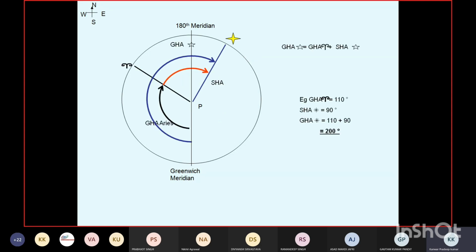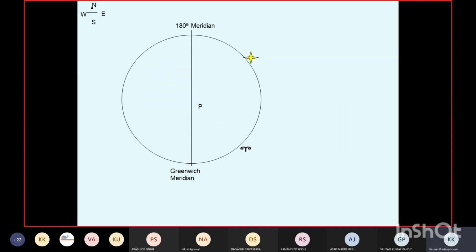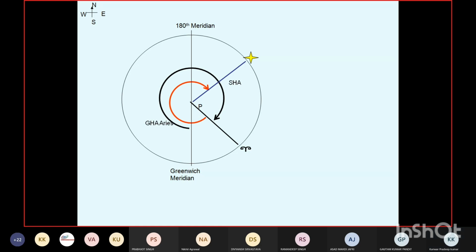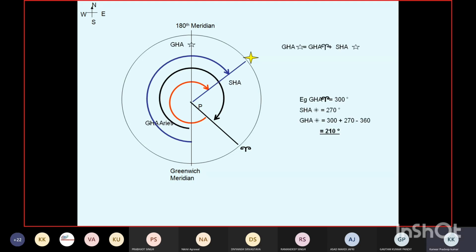In the previous slide, Aries was before the star. Now Aries is after the star. Any situation can come up because everything is rotating. GHA, SHA star, GHA star, same formula.